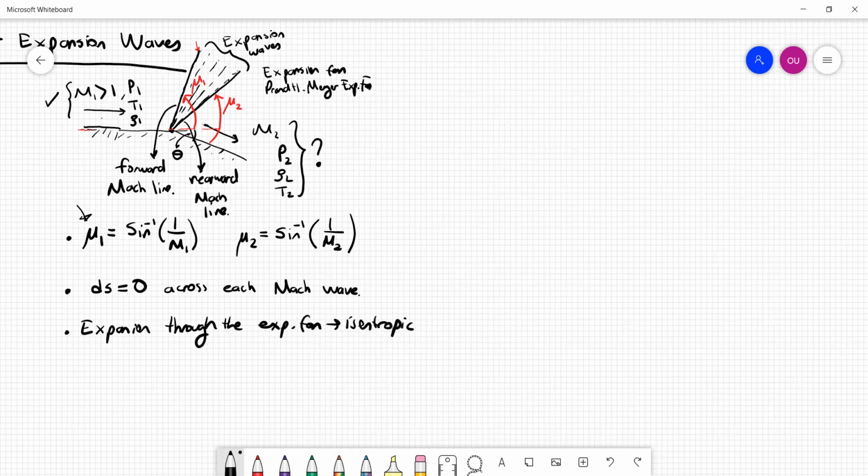And these series of Mach waves are called expansion waves or expansion fan. Specifically, we call them Prandtl-Meyer expansion fan.